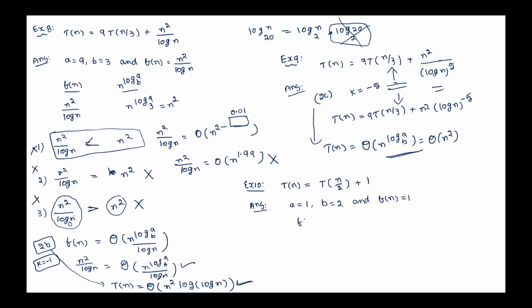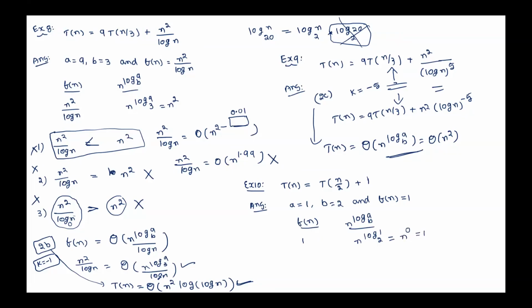Now f of n and n power log a base b we need to compare. What is f of n? 1. N power log a base b, n power log 1 base 2. What is log 1 irrespective of base? Log 1 is 0, n power 0, that is 1.